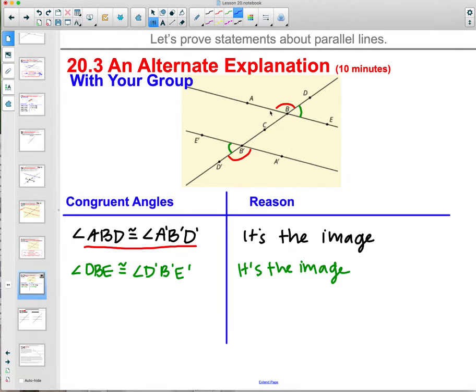Similarly, ABC is going to be congruent to angle A prime, B prime, C prime, its image, right here. And finally, this angle CBE is going to be congruent to C prime, B prime, E prime.